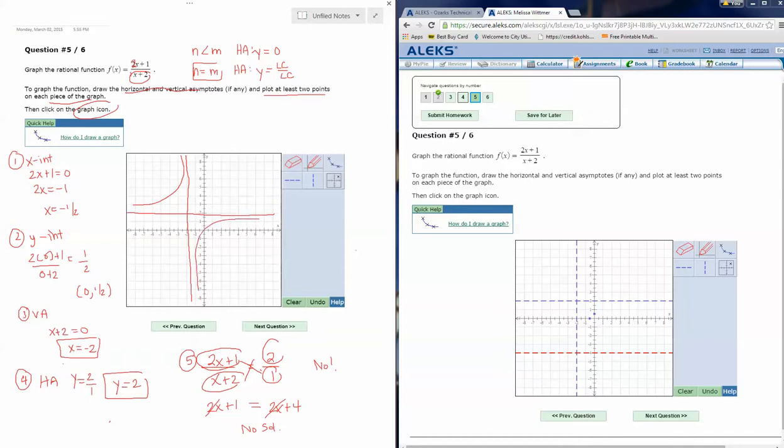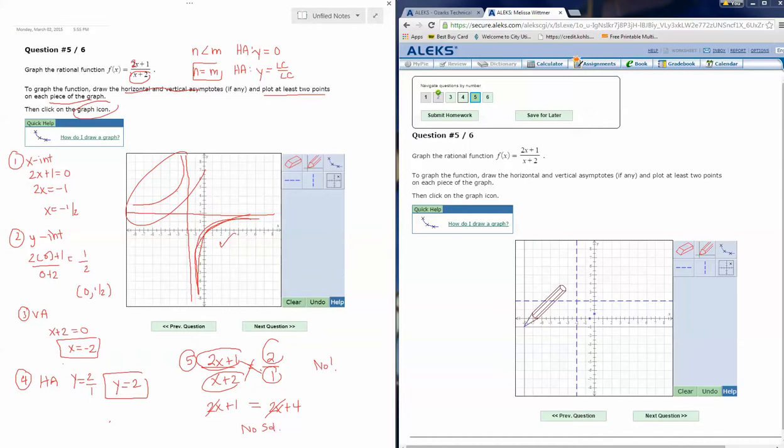Now it looks like I've got a situation where I know for sure I've got a curve down here in this bottom quadrant because I have 2 points on the graph there. So I know that the other curve will be up here. Now I've already got 2 points down here, so ALEKS requires us to always plot 2 points for each piece of the graph. So I've got this part taken care of, but this part has no points to plot. So I need to figure out 2 ordered pairs.